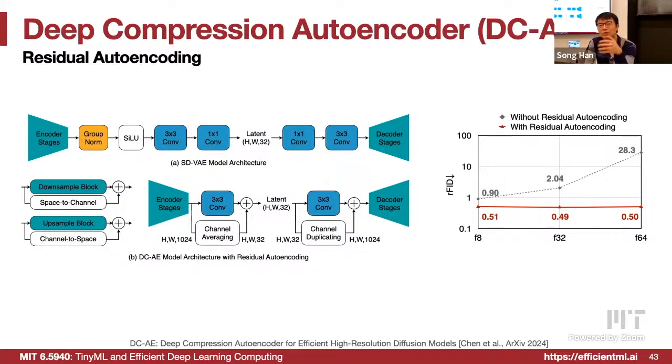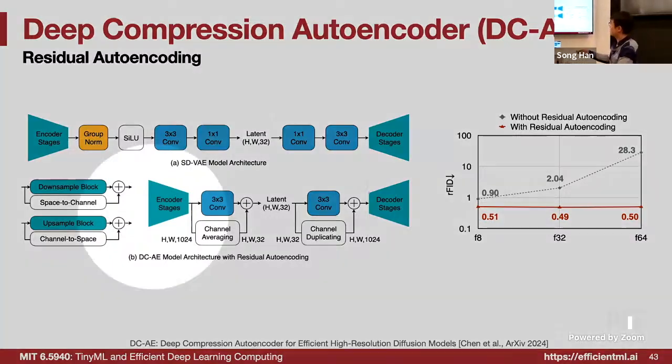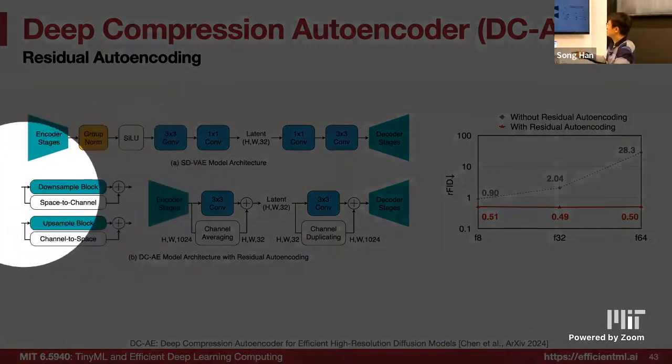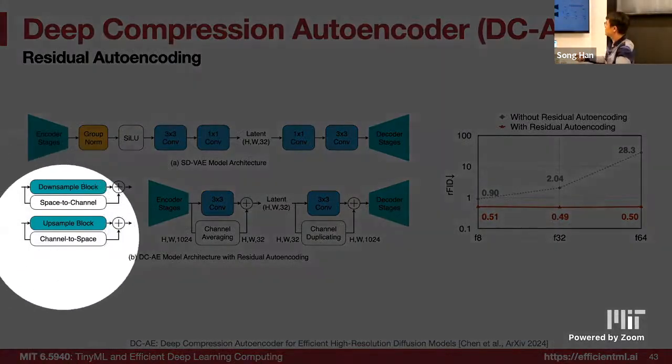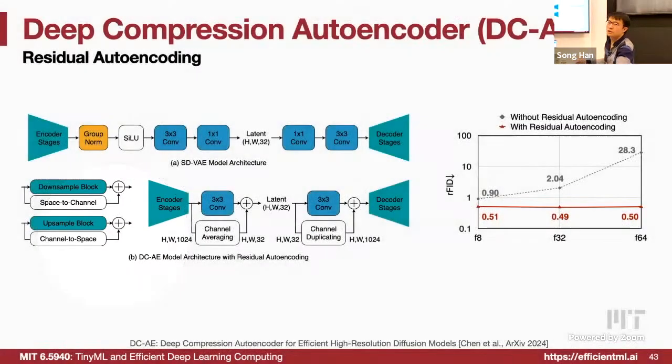So that's the explicit transformation from spatial to channel. We can add this explicit spatial to channel branch to the downsample block, and add this explicit channel to spatial branch to the upsample block. We call it residual autoencoding.